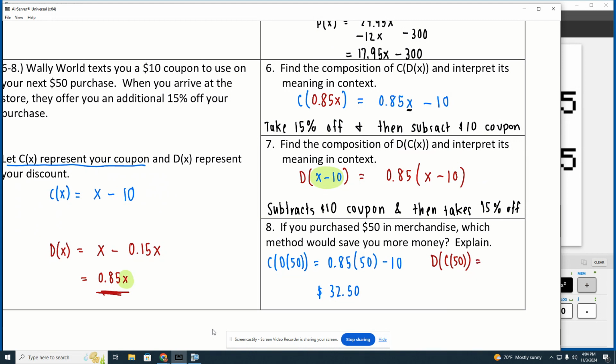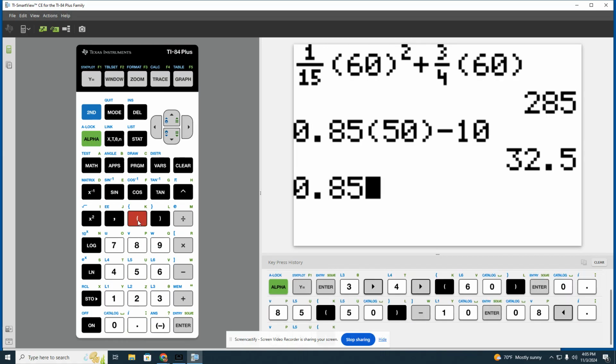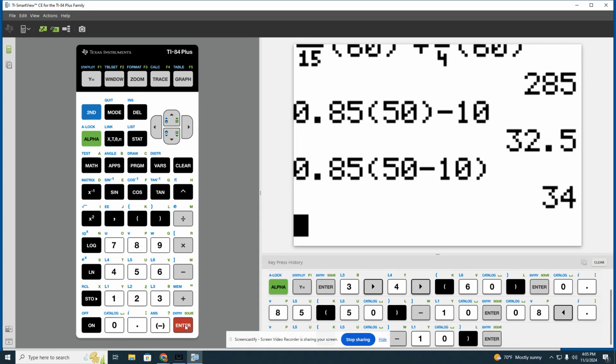So it's going to say 0.85, open parenthesis, 50 minus 10. So let's go type that in just like I see it. 0.85, open parenthesis, 50 minus 10. So if I do the $10 coupon first and then take 15% off, I'm paying $34 instead.